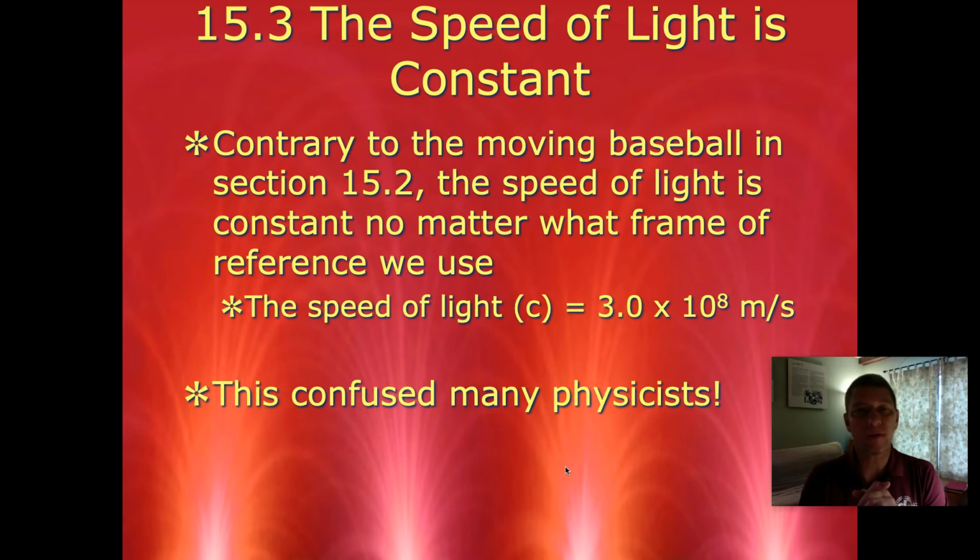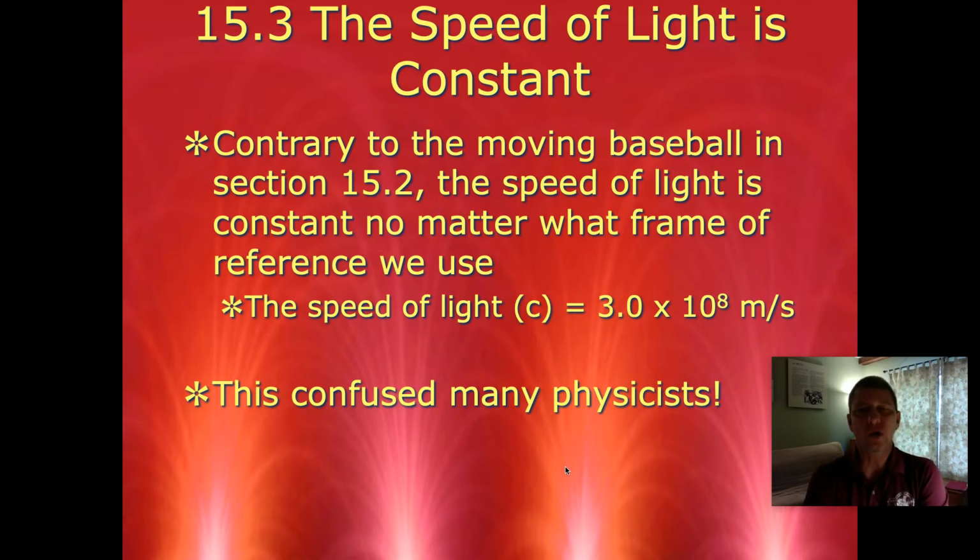If you were to mount that laser on a spaceship that was moving toward the target at some astronomical speed, the laser beam would still reach the target at 3.0 times 10 to the 8th meters per second. And if you were shooting it from a spaceship that was moving away from the target at some astronomical speed, it would still reach the target at 3.0 times 10 to the 8th meters per second.